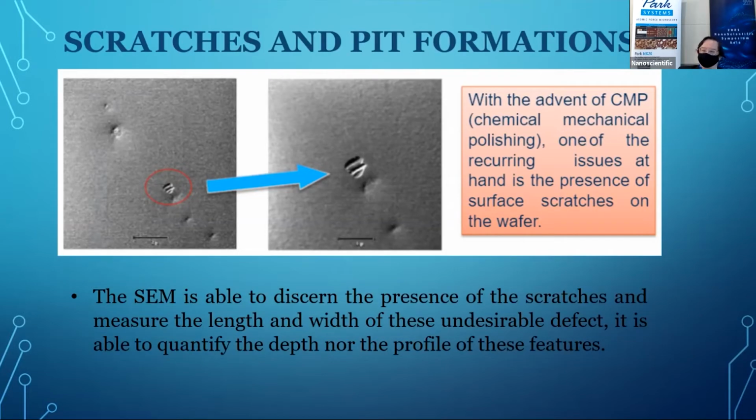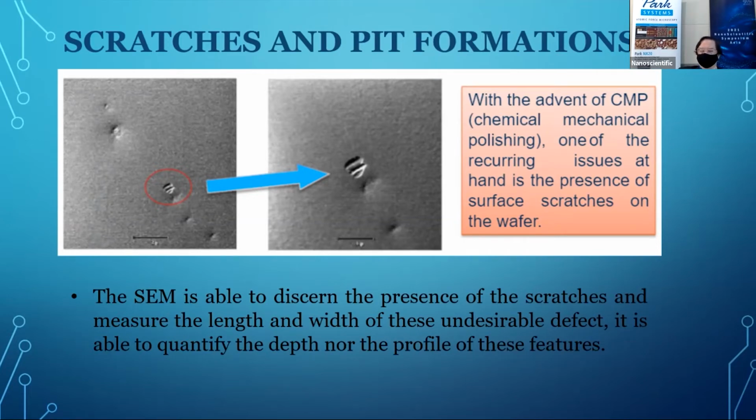Next, we talk about scratches and pit formations. Scratches occur for various reasons along the process, be it during the chemical mechanical polishing of the surface, where you have ripping of the surface. So as seen from the SEM, yes, I can see that indeed you have scratches on the surface. You can describe how long the scratch is in terms of the cluster of defects.